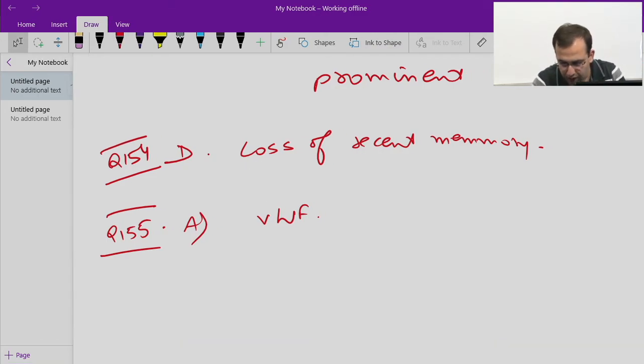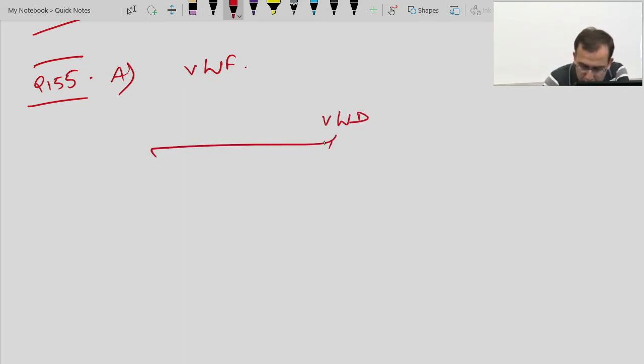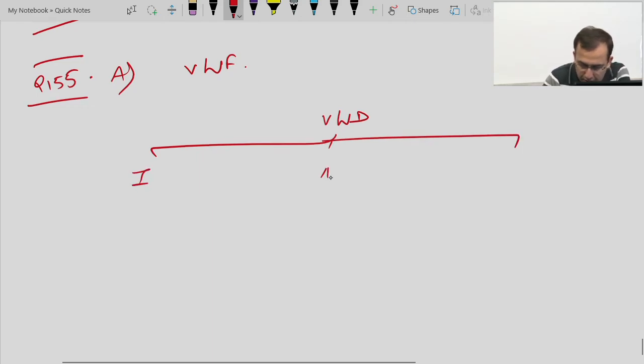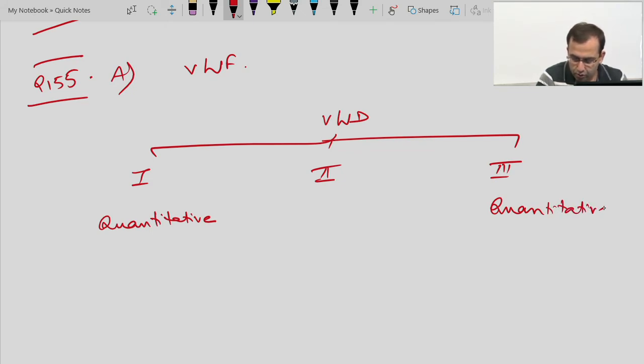So first, let us have a look at von Willebrand disease. It is of three types: type 1, type 2 and type 3. Type 1 and type 3 are quantitative defects, whereas type 2 is a qualitative defect.